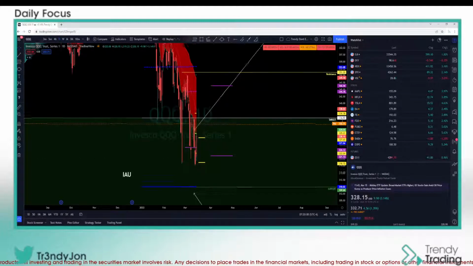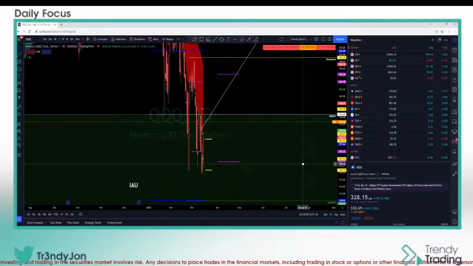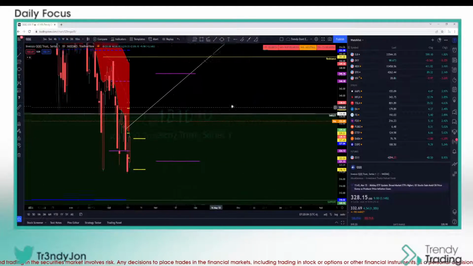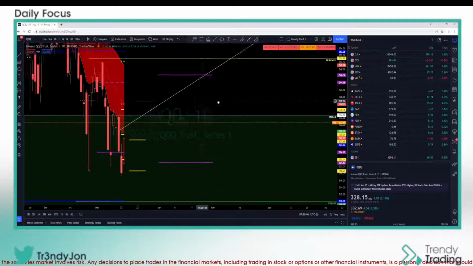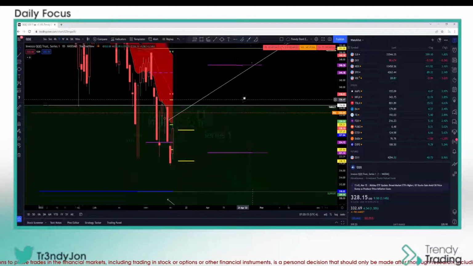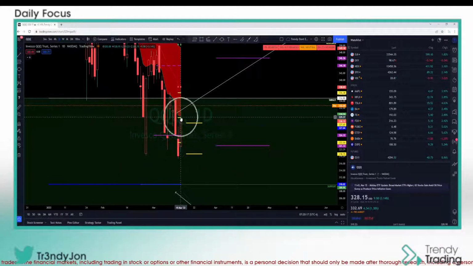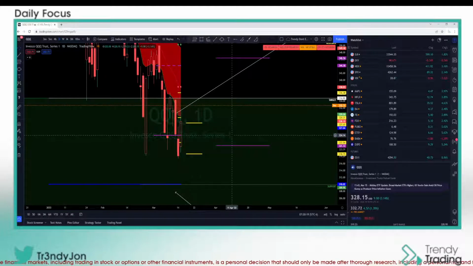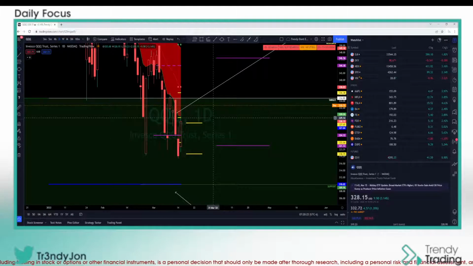But guess what? Now we're inside the cloud. So how do you approach this? It's quite simple. As long as we stay above the cloud, I want to keep the idea of continuing to stay long. However, I want to use the bottom of this cloud as that support. The bottom of that cloud at the moment is coming in at around 329 and a quarter.